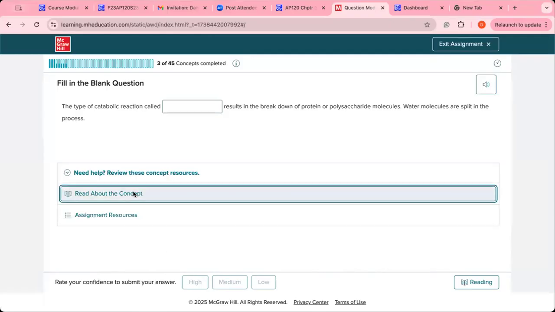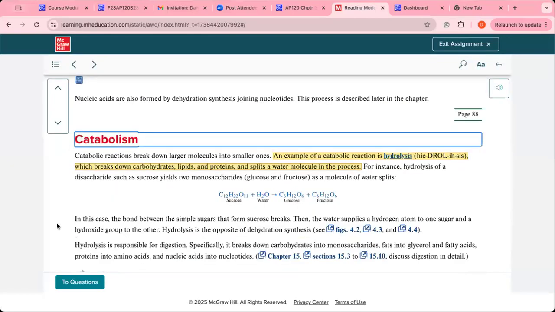I think it's hydrolysis. Yeah, an example of catabolic reaction is hydrolysis, which breaks down carbohydrates, lipids, and proteins and splits a water molecule. So hydrolysis, the green word or the blue word there. Hydrolysis.